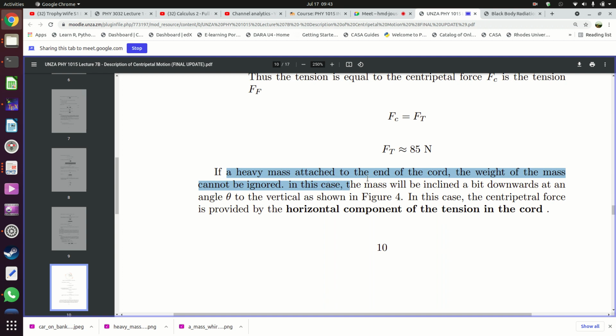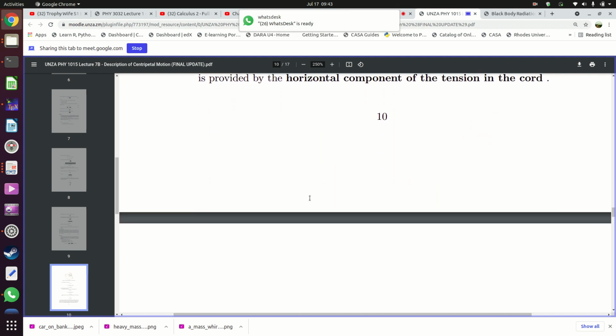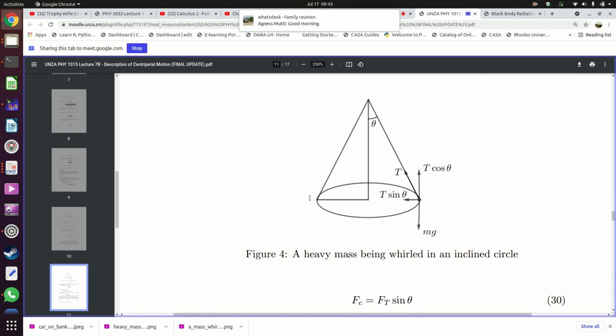In this case, the mass will incline a bit downwards at an angle theta to the vertical, as shown here. As you are wheeling it in a circle, it will not be flat, but it will be inclined like this.